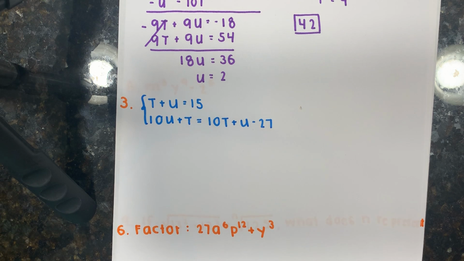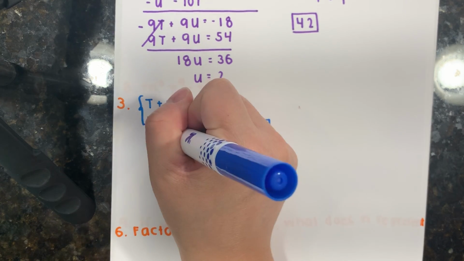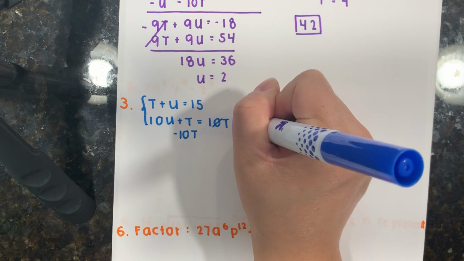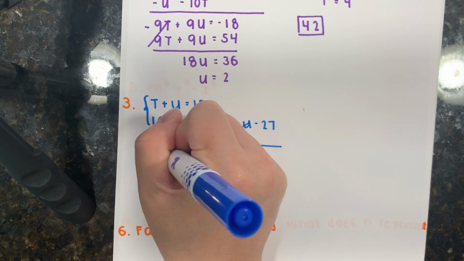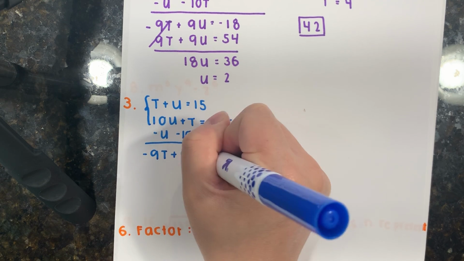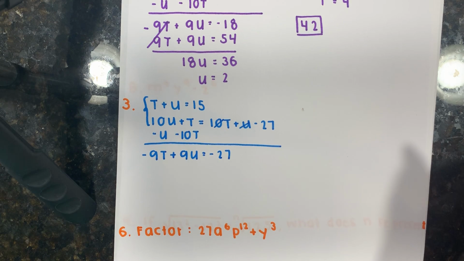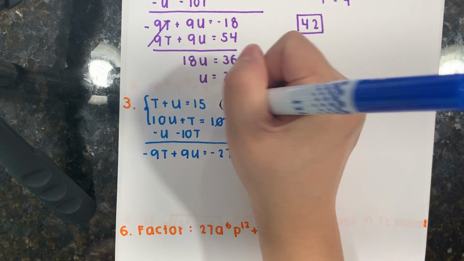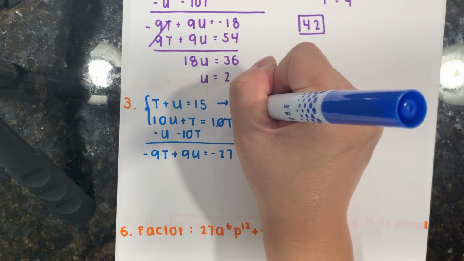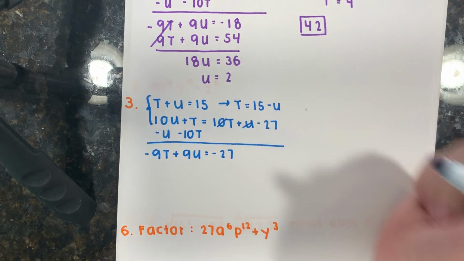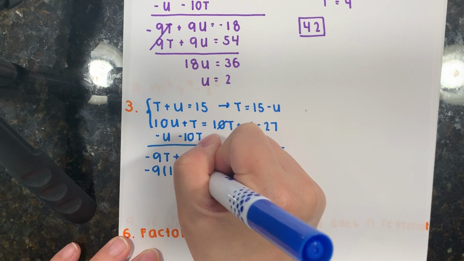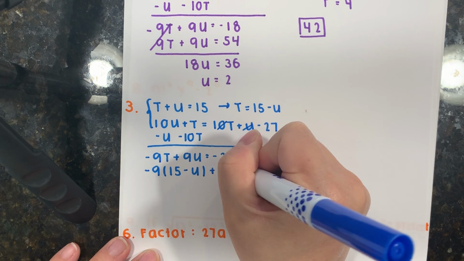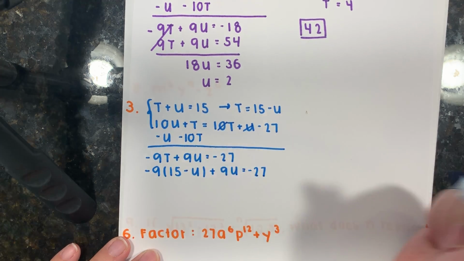So now what you're going to do is bring the 10t to the left, bring the u to the left, and that would give me negative 9t plus 9u equals negative 27. If you wanted to do substitution on this one, you could. So we could do t is equal to 15 minus u. So that'd be negative 9 times 15 minus u plus 9u equals negative 27.